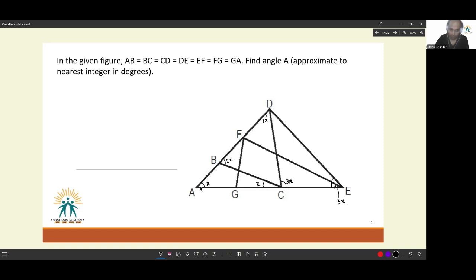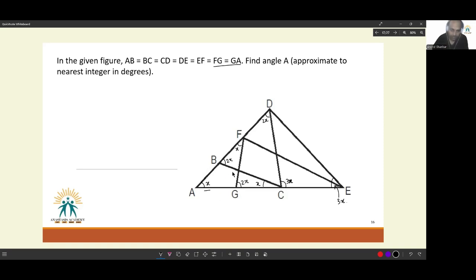Okay. Oh, look at this. Final thing. FG is equal to GA. If FG is equal to GA, this will also be x, because FG is opposite x, AG is opposite x, which means this angle will also be 2x.